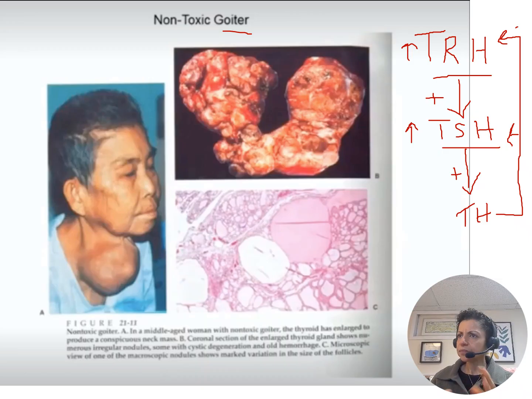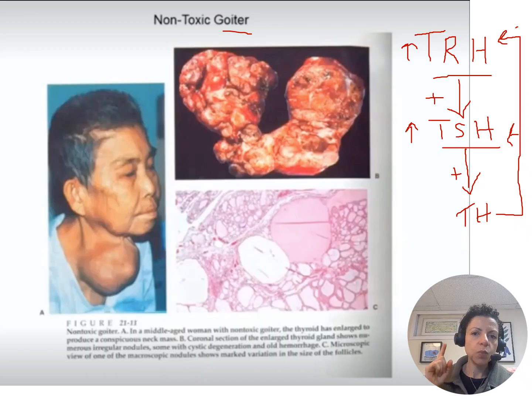So goiter is an interesting sign, right? A goiter is absolutely a sign of some kind of thyroid condition, but we can see goiter with normal thyroid levels, like a non-toxic goiter. We can see goiter in hypothyroidism, where thyroid hormone levels are low.